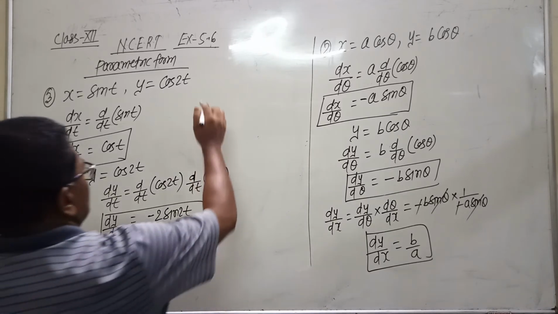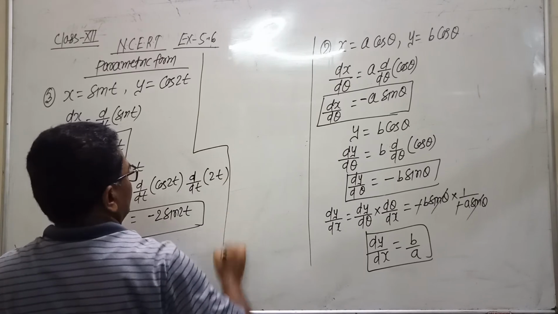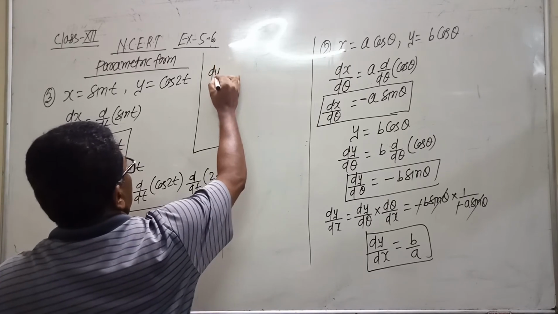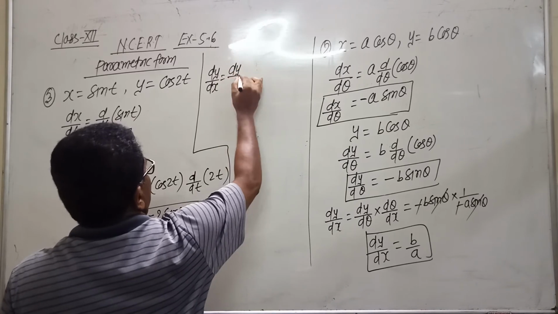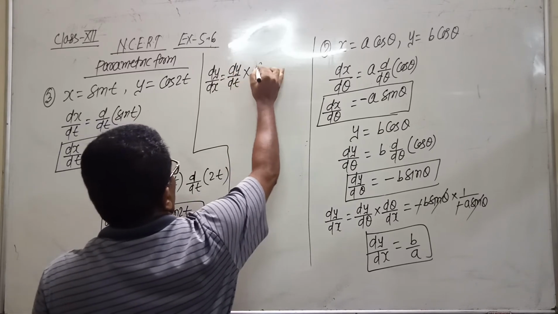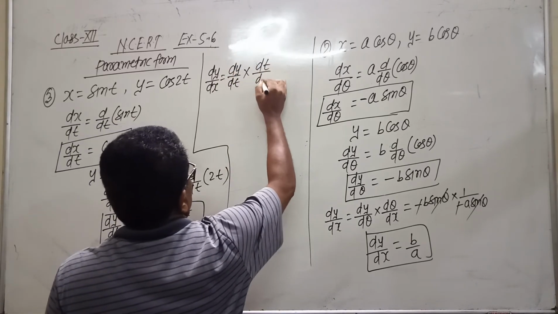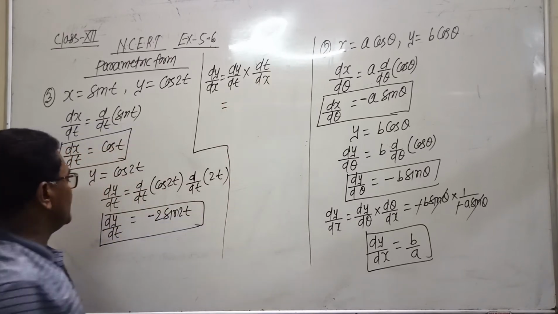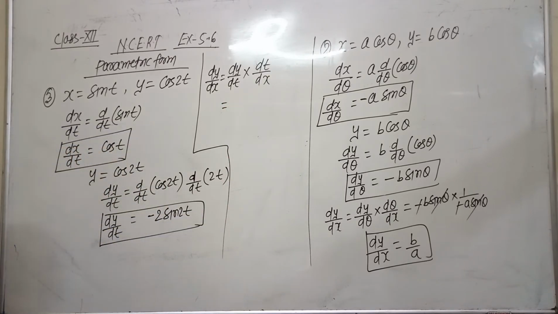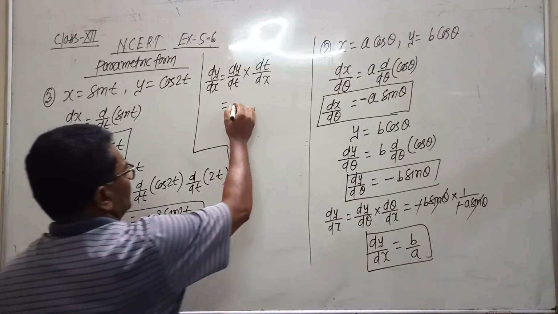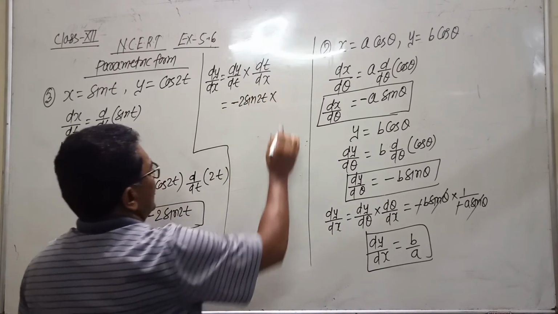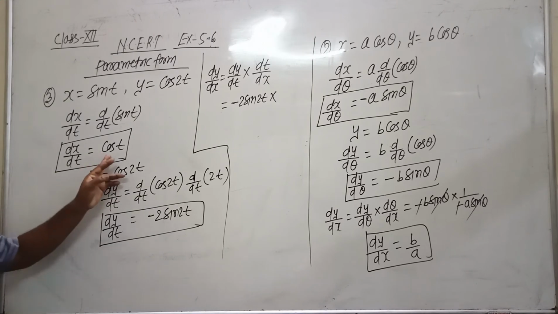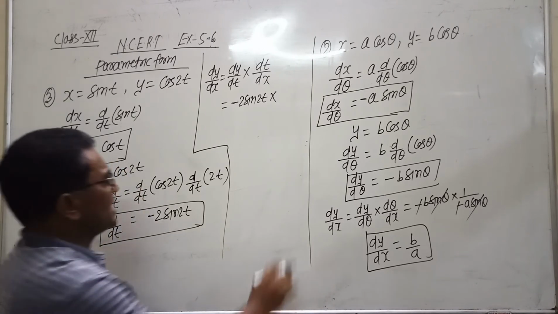Now to calculate dy by dx, dy by dx is written as dy by dt into dt by dx. The value of dy by dt is minus 2 sin 2t, and the value of dt by dx will become 1 by cos t.